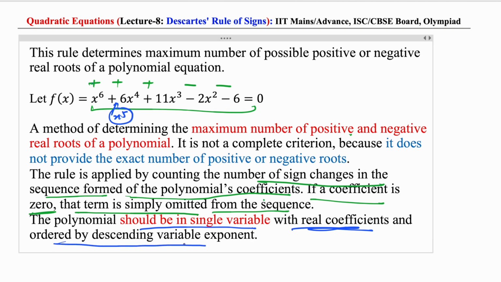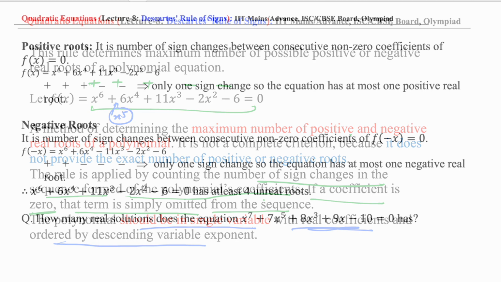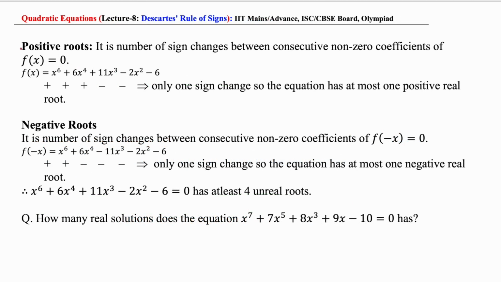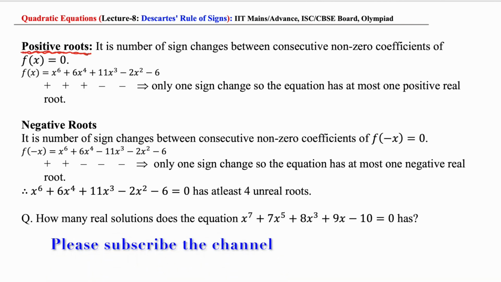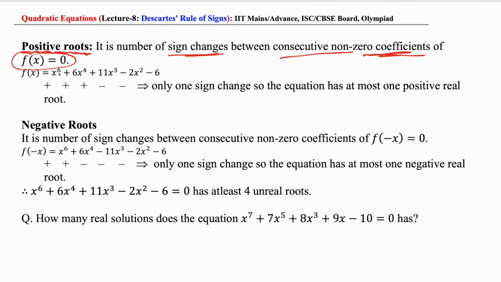That is the condition. Now see here, for positive real roots, it is the number of sign changes between the consecutive non-zero coefficients of f(x) equals 0. Suppose f(x) is this one. So we write the signs. Here there is only one sign change, positive to negative.